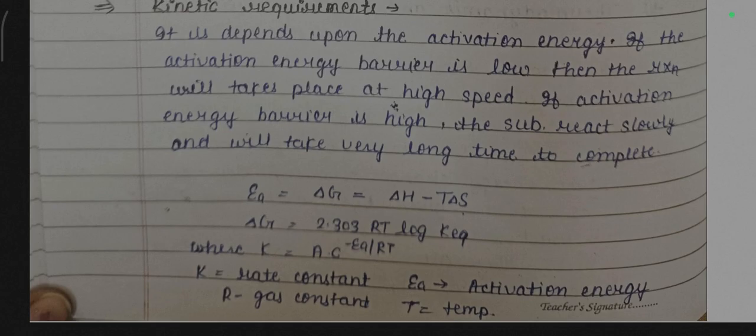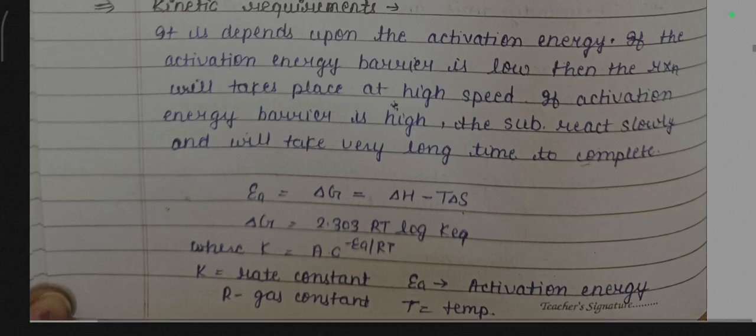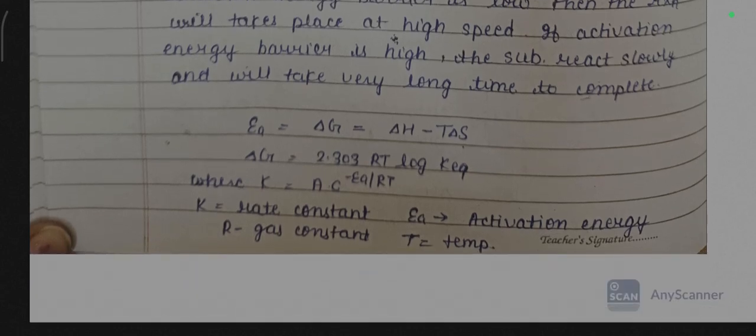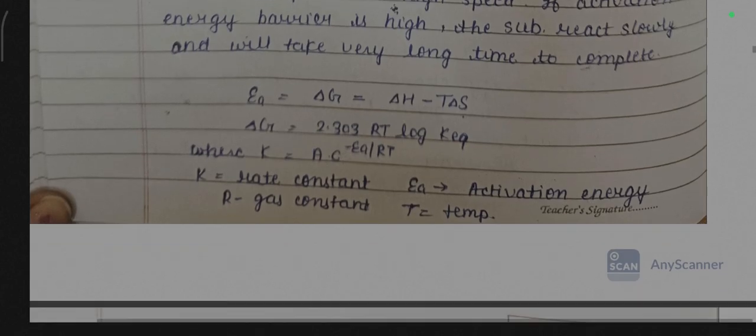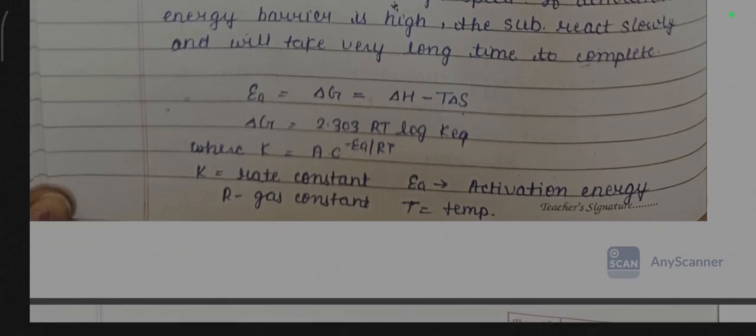Ea is equal to del G is equal to del H minus T del S. Del G is equal to 2.303 RT log K_eq, where K is equal to A e to the power minus Ea upon RT. K is the rate constant, R is the gas constant, Ea is the activation energy and T is temperature.